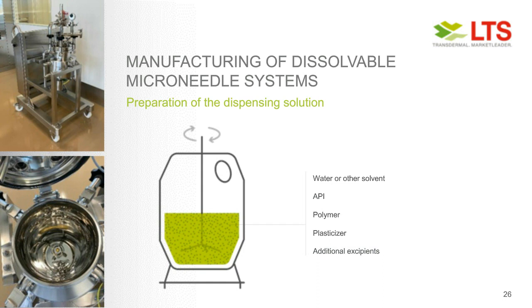On the left side, I put in our larger scale dispensing solution mixing equipment from our clean room area as a nice add-on. So what's happening here is that a dispensing solution is formed: the API, the polymer, the water. On the next slide, we dispense.